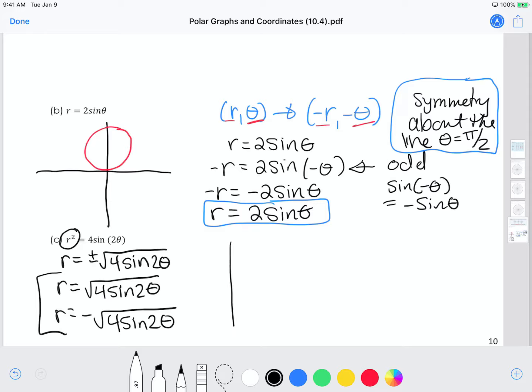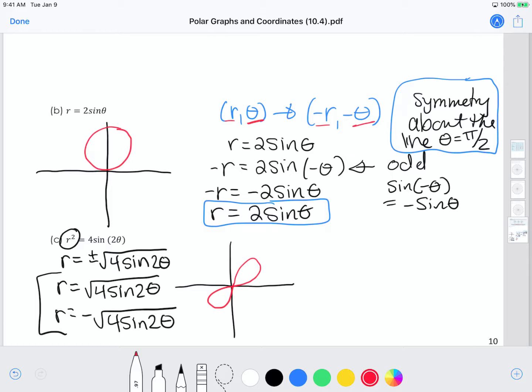When I graph it, it is going to look like an 8. Let me see, I'm not doing a very good job of drawing this. It's going to look like a tilted 8. Now, if I fold that along the polar axis, or what we think of as the x-axis, it's not going to be a reflection.